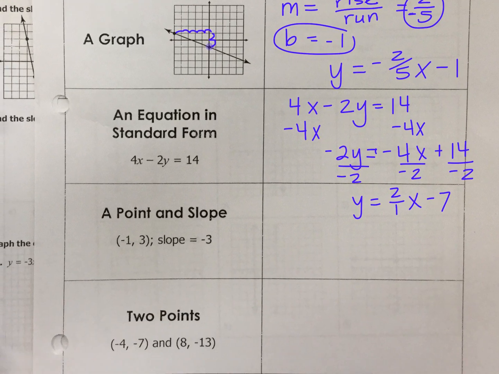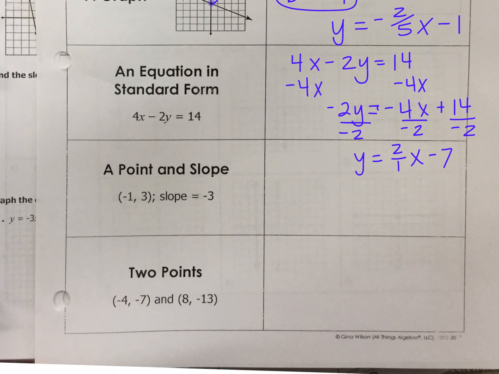We have not learned how to do this one. We will learn this one in 7/6. We do know how to find the slope when we have 2 points. It's y2 minus y1 over x2 minus x1. Go ahead and label my points. x1, y1, x2, y2.